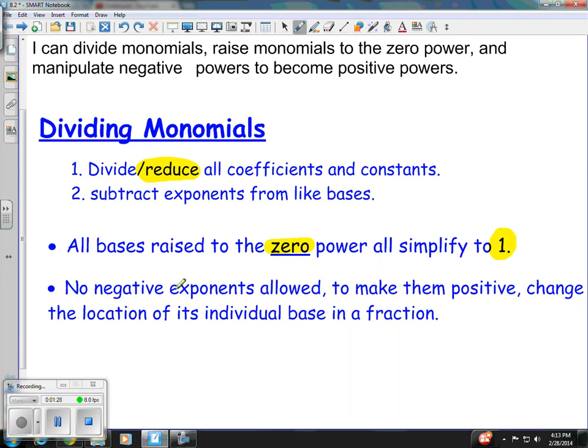But if we do get negative powers, to make them positive, we change the location of its individual base. So it's just that one variable or just that one base number in a fraction. So change the location of its base in a fraction. And these last two about the zero power and the negative powers, we'll come back to those in a moment. But first, let's look at dividing monomials.